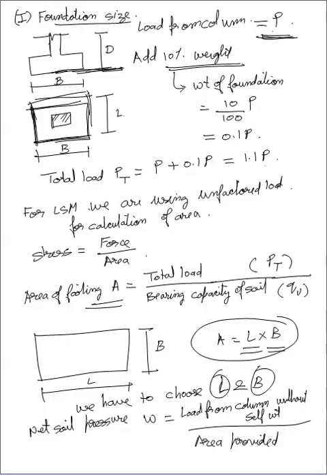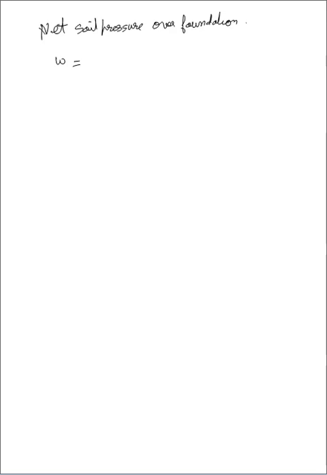Area provided we know, but if I am talking about net soil pressure over foundation, then it will be the difference between the total force and the weight of foundation, divided by A. So basically it will be P upon A only.